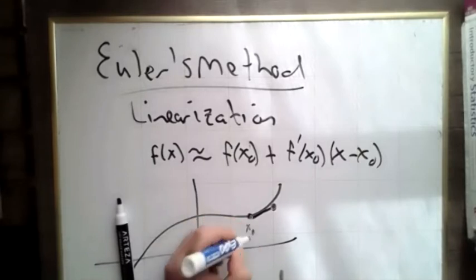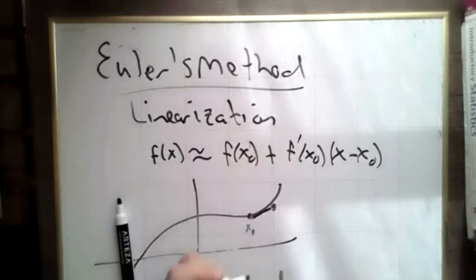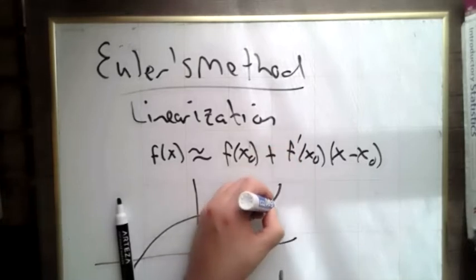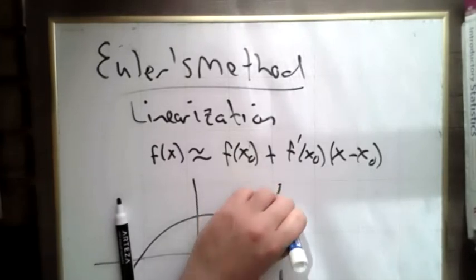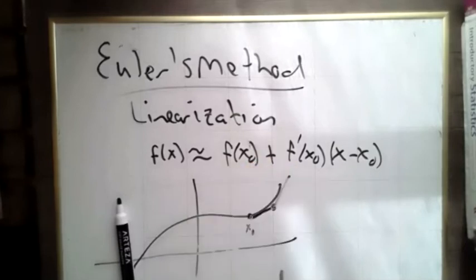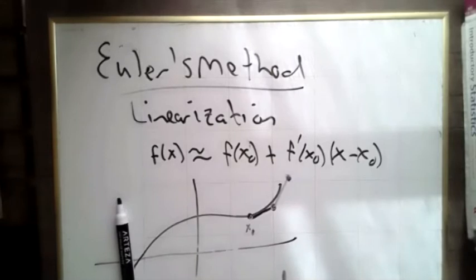Here's my x naught. And then we continue that process. We move on. It's an iterative process. Now I use this as my new seed, my new starting point. I find the slope at that point, go over and up, and get a new point. So we're approximating our curve with a bunch of little line segments.